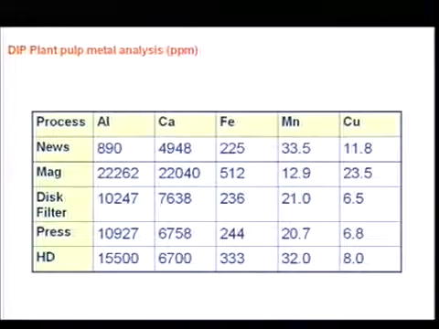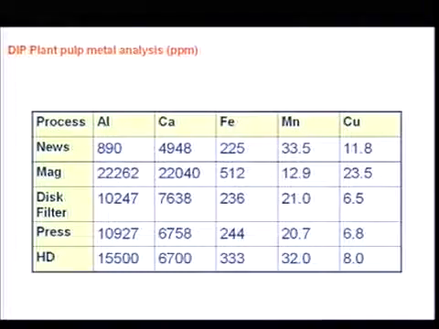These are typical metal concentrations in recycled fiber. As you can see in news and magazine, newsprint contains aluminum, calcium, some amount of fillers present here with the inserts, iron present, manganese.